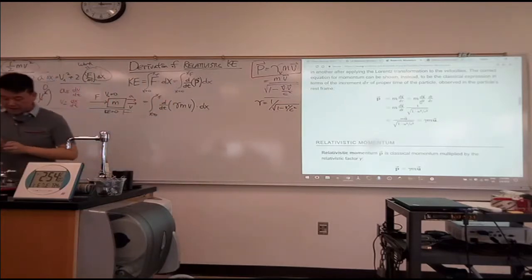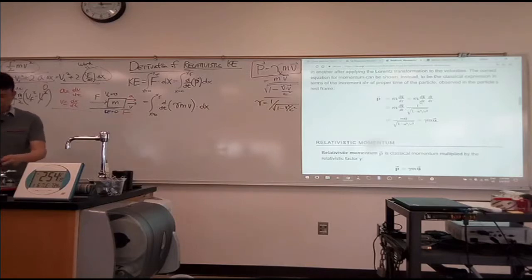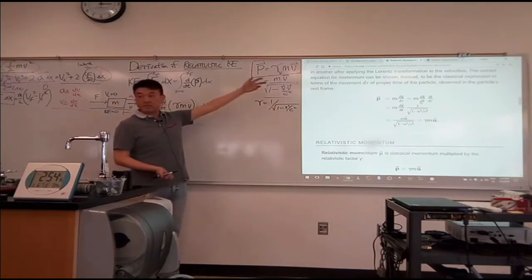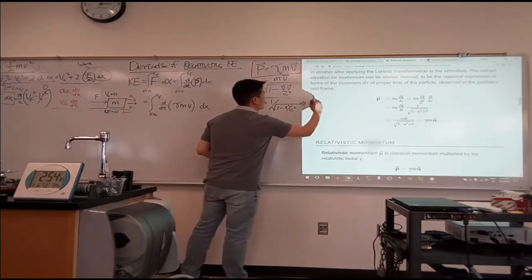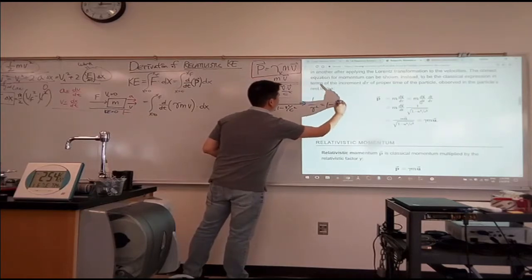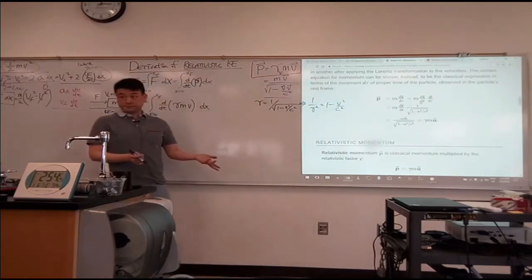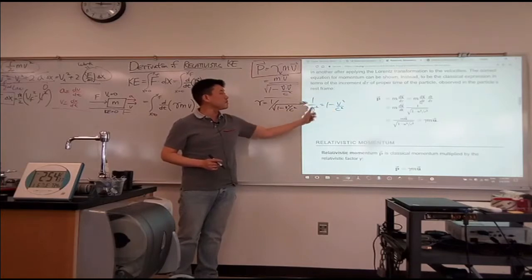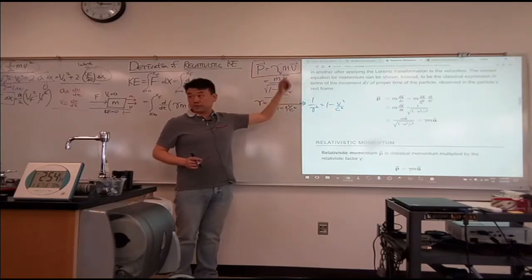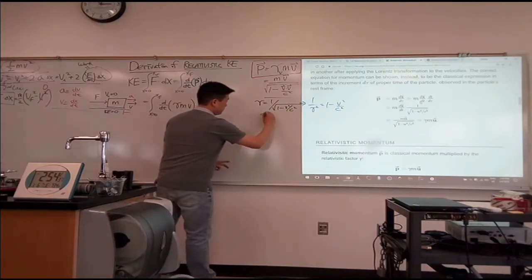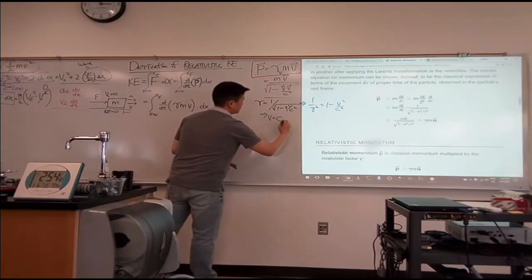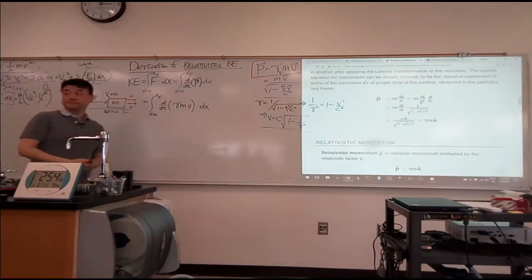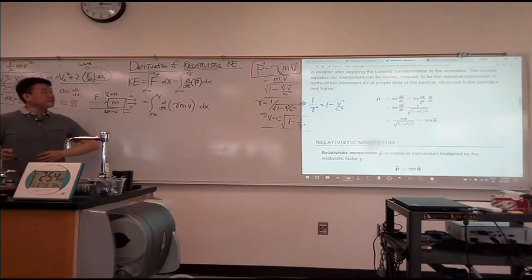Let me just quickly do that, so that you are not doubting my memorized formula. Square both sides, take the reciprocal, and you end up with 1 over gamma squared equal to 1 minus v squared over c squared. So move this over: 1 minus 1 over gamma squared is equal to v squared over c squared, which means v is equal to c times the square root of 1 minus 1 over gamma squared. That's an expression I've written before.